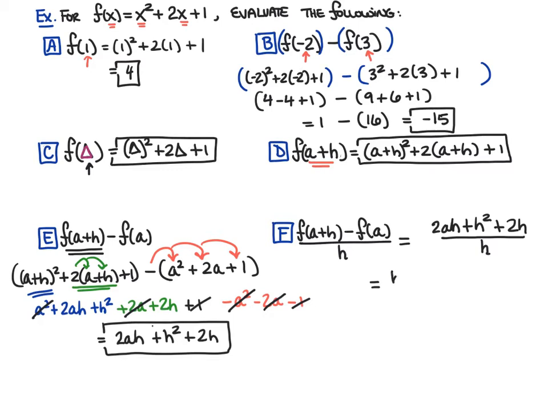You can factor out an h from the numerator. So we're going to look at the numerator here. And you're going to factor out an h from every term. So you'll get h times (2a plus h plus 2). And that'll all be divided by h. And the reason why we do that is that I can now cancel an h. So your final answer here is 2a plus h plus 2.